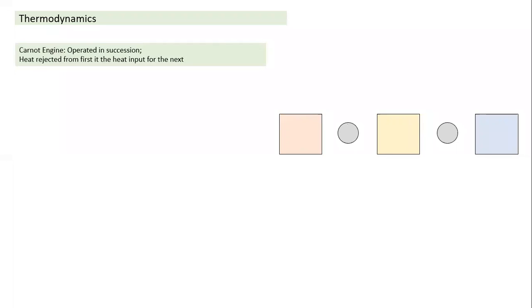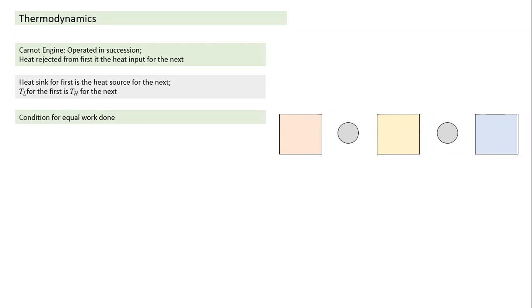The second condition, operating in succession, is that the work done is equal. So again, if this is T1, this is T2 and this is T3, the work done has to be equal. This is Q1 and this is Q2, and the work done will be equal to Q1 minus Q2.